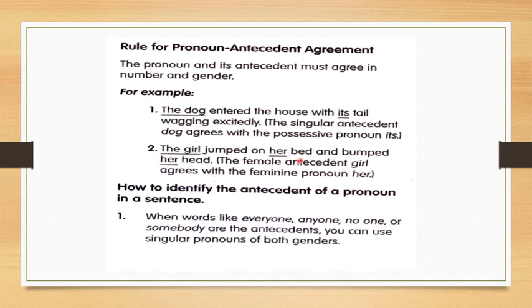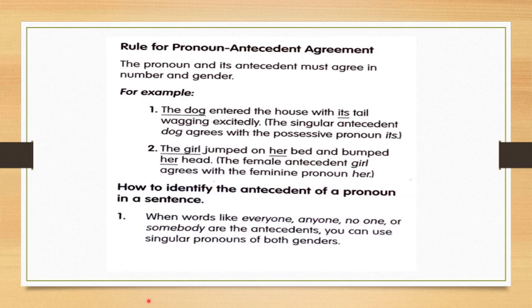Her head. So once again we have used her and her. These feminine pronouns and the female noun agree with each other. So this is how the antecedent is used. When the antecedent agrees with the pronoun, we can use them like this.